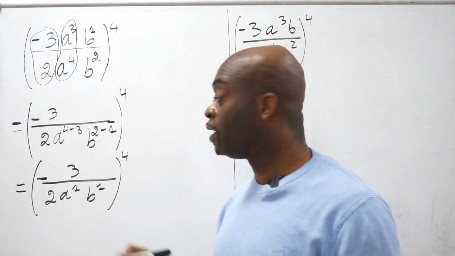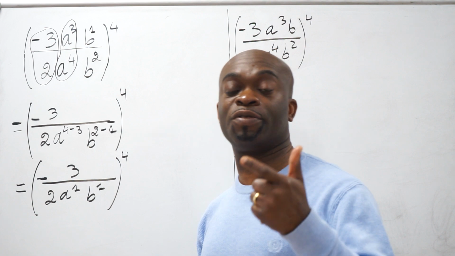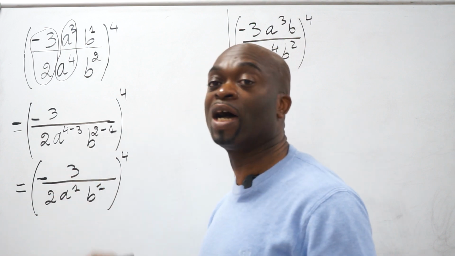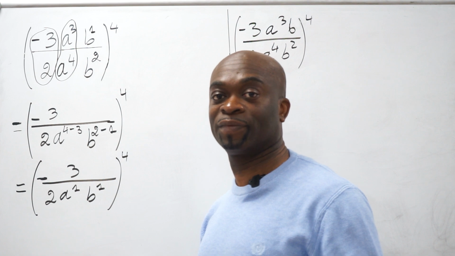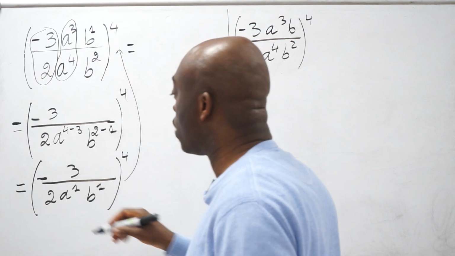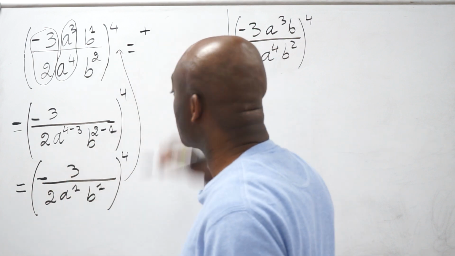But if the power is an odd number, which is 1, 3, 5, 7, 9, 11, the negative sign stays negative. All right? So then we move on to work it out. So this one is going to be positive. Okay? So that's positive.